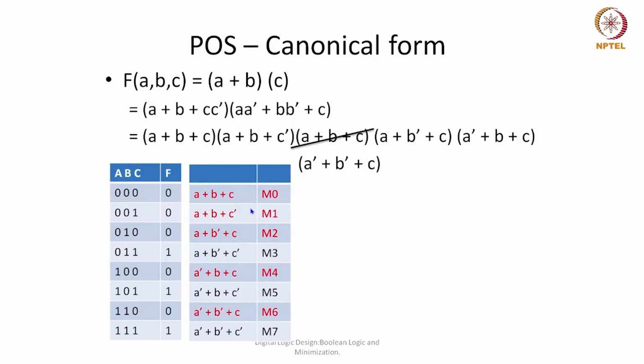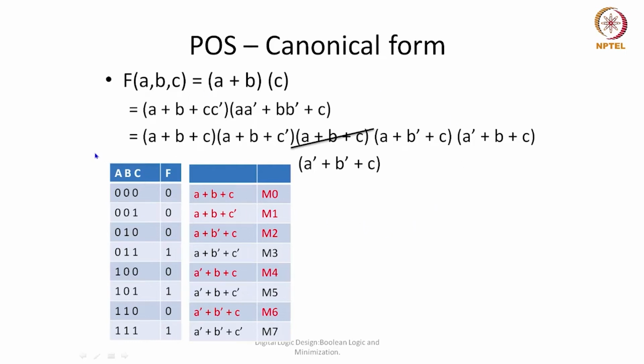It's just terminology, you can see it that way. The whole expression can be written as a product of all 0 terms, so that means when any of those terms is 0, the whole expression would be 0.